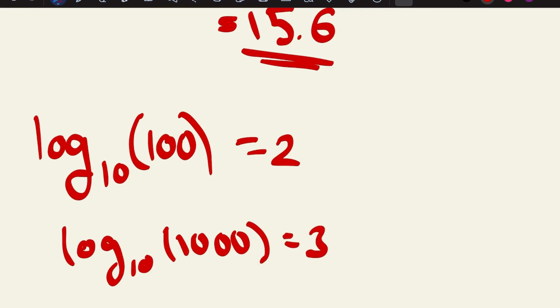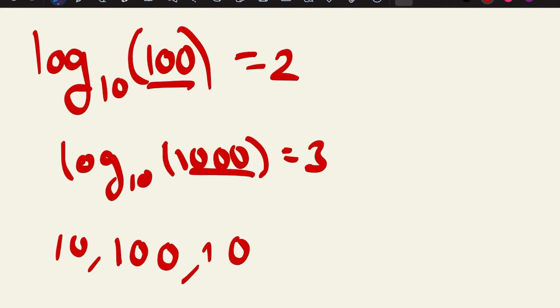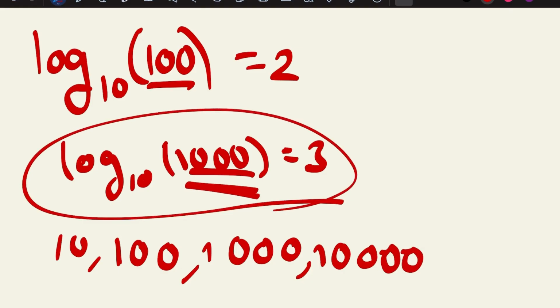And as we keep increasing, the digits increase by 1, because exponents of 10 just keep adding on digits. So this basically counts the number of digits.